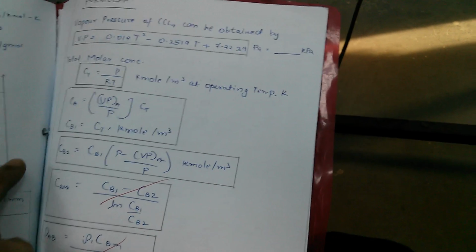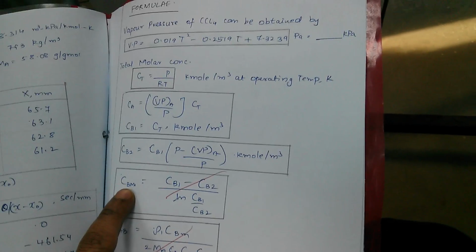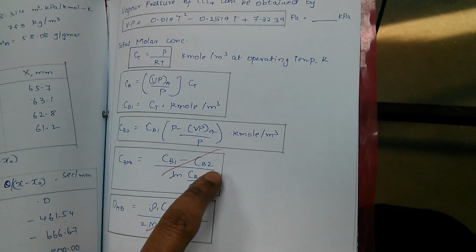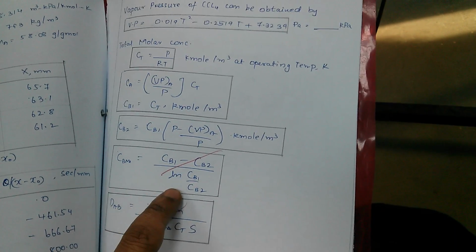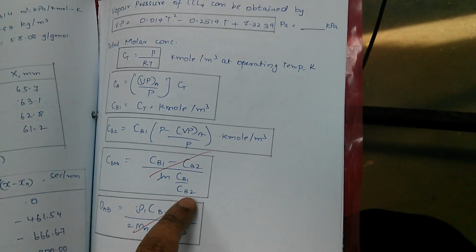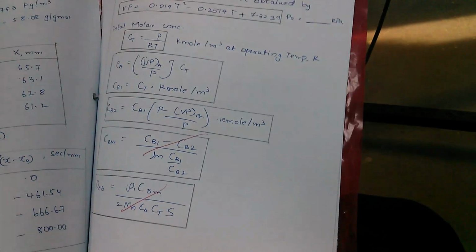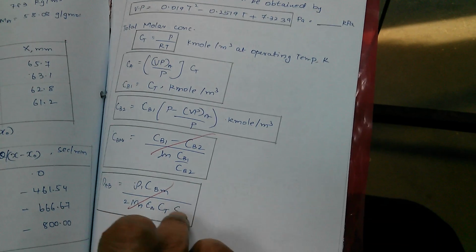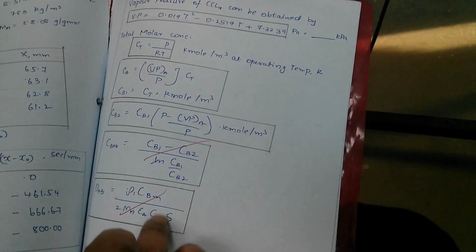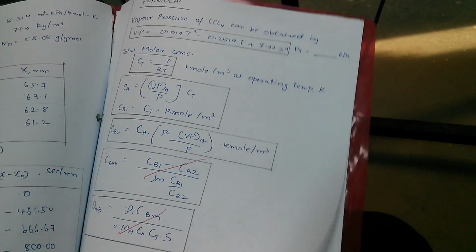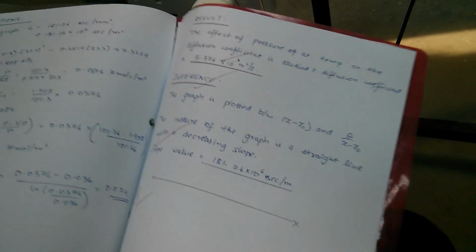Then you have the relation for CBM, which is CB1 minus CB2 divided by the natural logarithm of CB1 by CB2. All of these terms are calculated using the relations. Finally, what is left is S, the slope, which is obtained from drawing a graph.